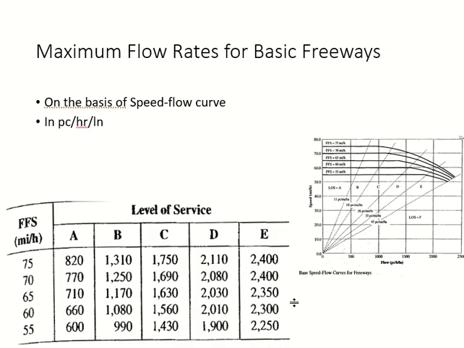For every level of service, we said there's a maximum flow rate. We called it service flow rate. After plotting these level of service lines, I can find out the maximum service flow rate as well, because these lines intersect the curve. The point where the line intersects the curve becomes the service flow rate for that level of service. Let me make it bigger.